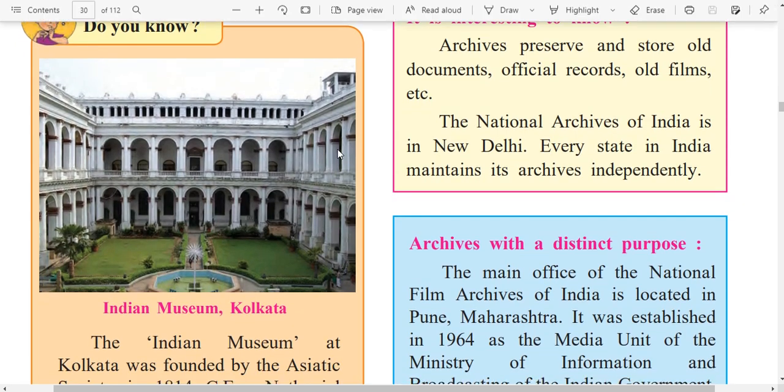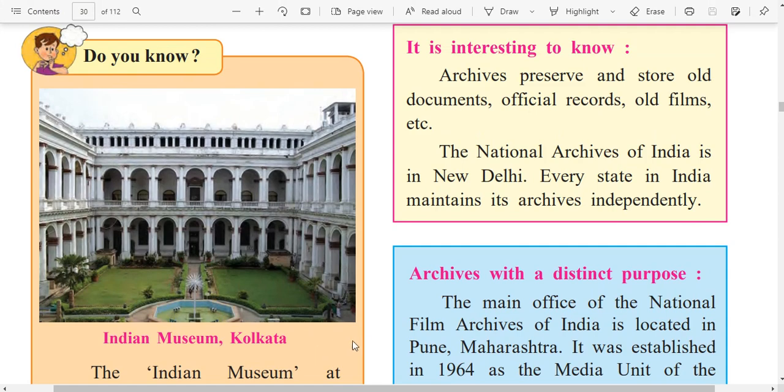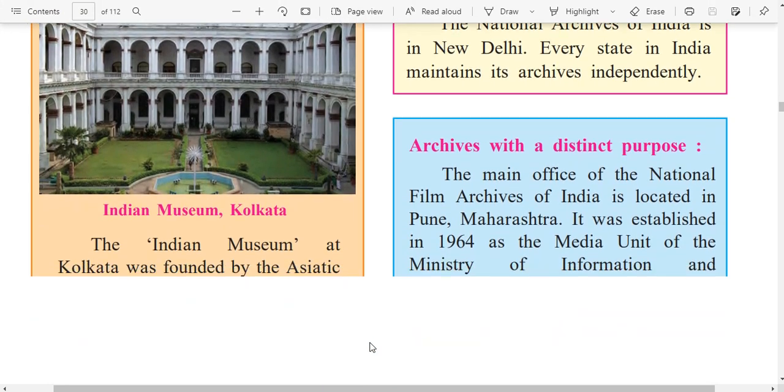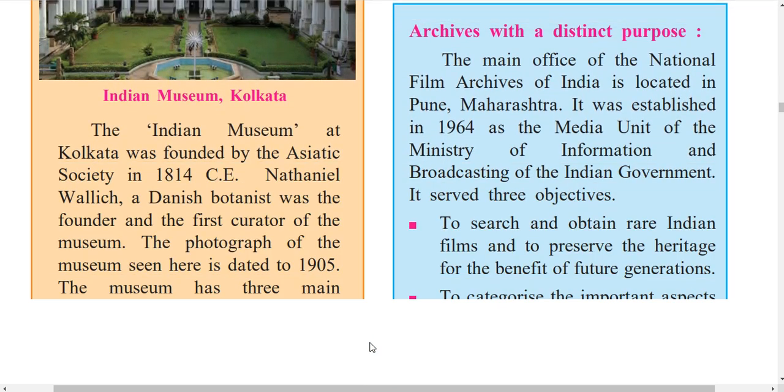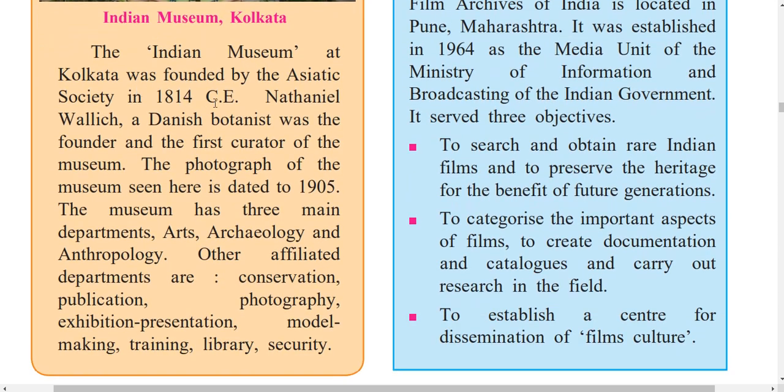Another, do you know, Indian Museum, Kolkata. The Indian Museum at Kolkata was founded by the Asiatic Society in 1814 CE. Nathaniel Wallich, a Danish botanist, was the founder and the first curator of the museum.